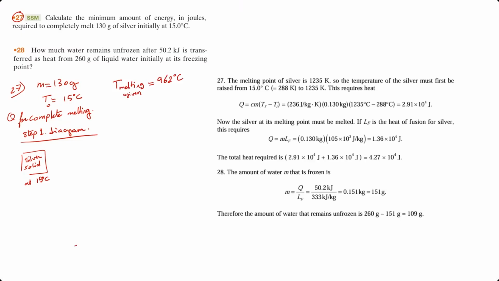So for the silver to melt, it has to first go to the melting point. So we're heating here. And I will have silver still solid, but at 962 degrees Celsius. To go from 15 to the melting point, an energy mc delta T is involved. And then I want the solid silver to completely melt. Now it is at the melting point.